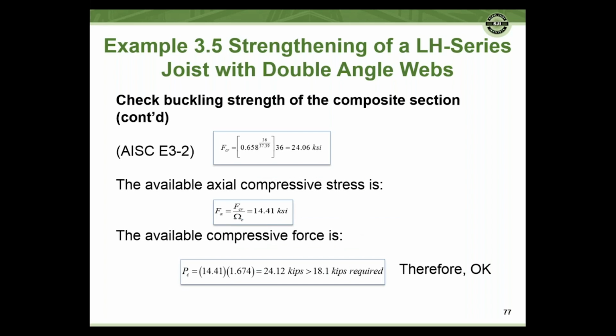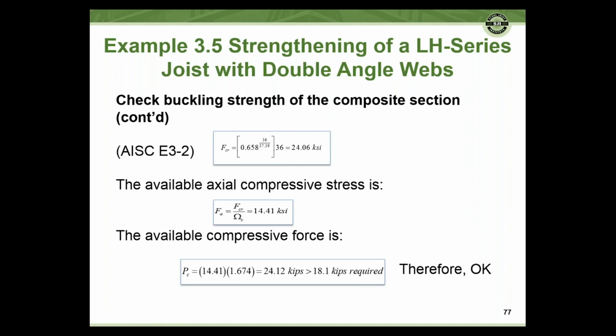Now, because we're less than our limit, for F critical we use AISC equation E3-2, and we're going to use 36 ksi for our yield strength. We get our critical stress of 24.06 ksi.